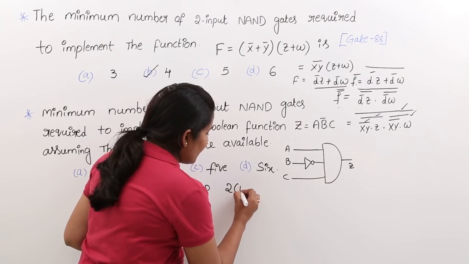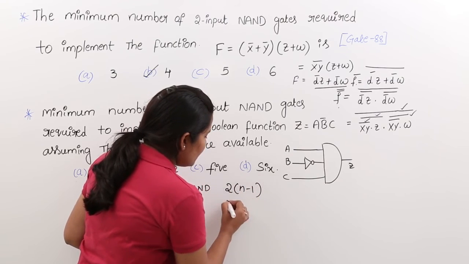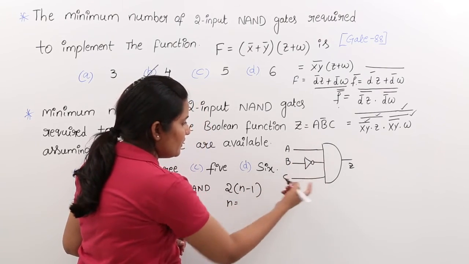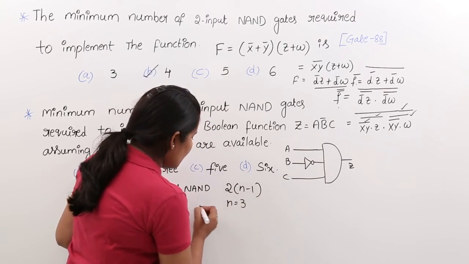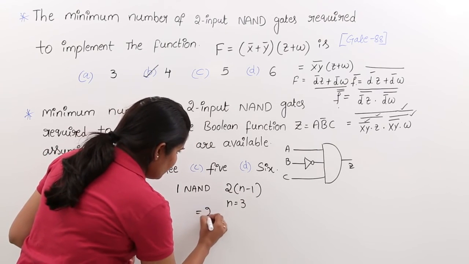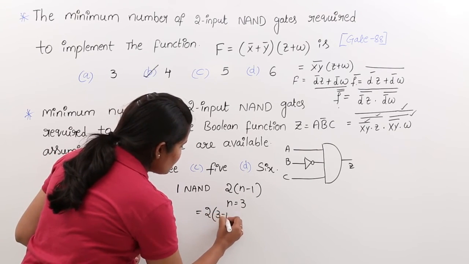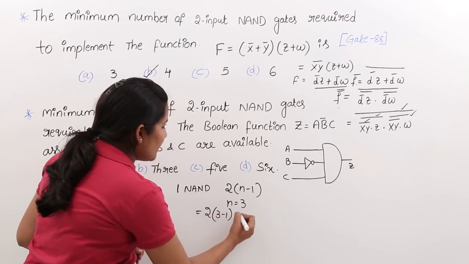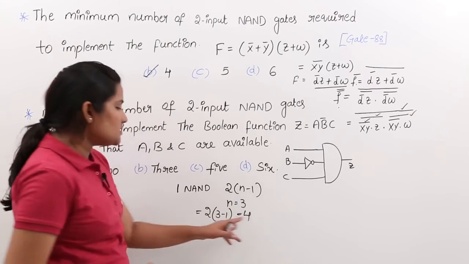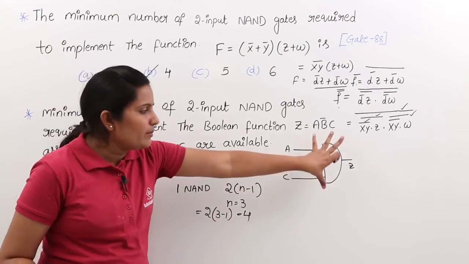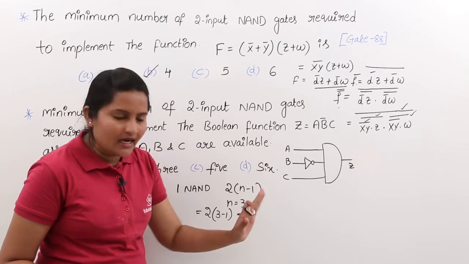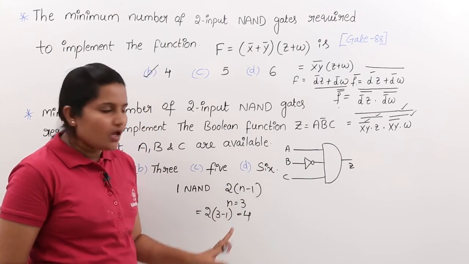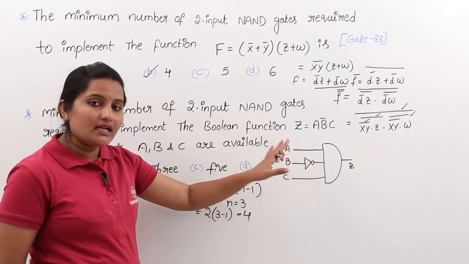Now to implement a 3 input AND gate, how many 2 input NAND gates are required? The formula is 2 into n minus 1, where n, in this case the number of inputs, is 3. So this is equivalent to 2 into 3 minus 1, which means 4. Generally, to implement a 3 input AND gate, 4 NAND gates are enough, but here B bar is not available.